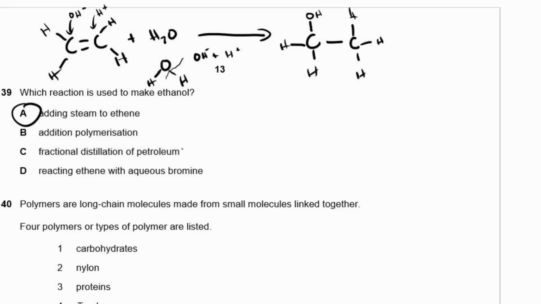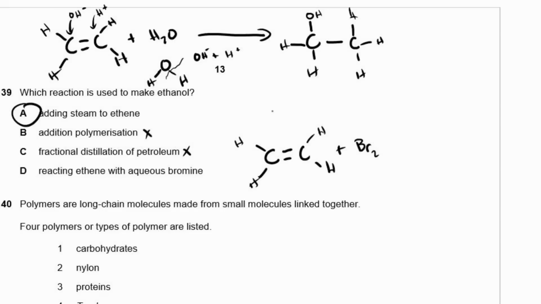Fractional distillation of petroleum, that's a no. Fractional distillation of petroleum separates the different fractions of petroleum. It's for separation. And reaction of ethene with aqueous bromine. So we have C, double bond C, H, H, H, H, plus Br2.